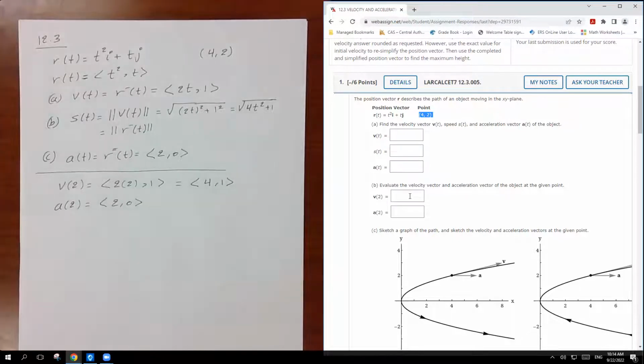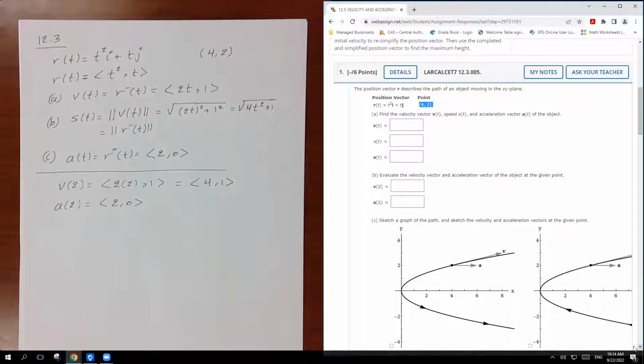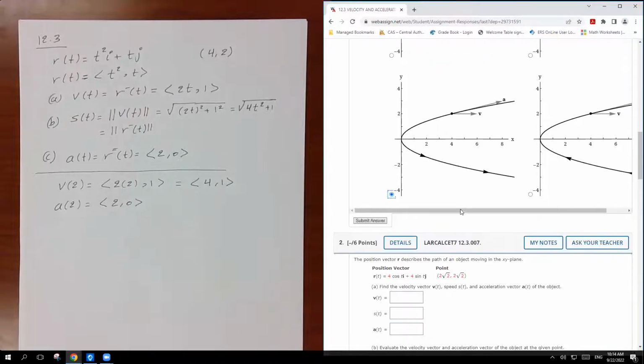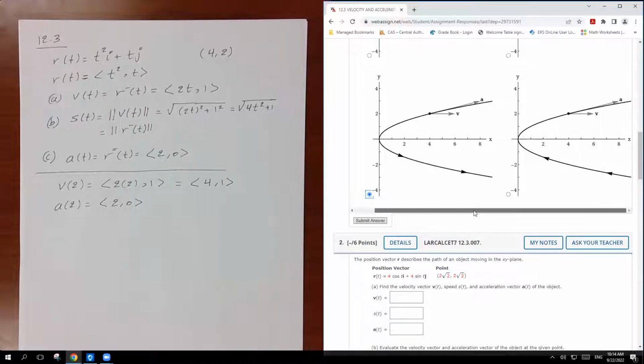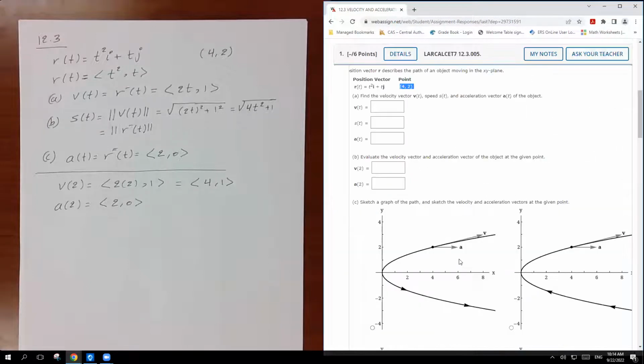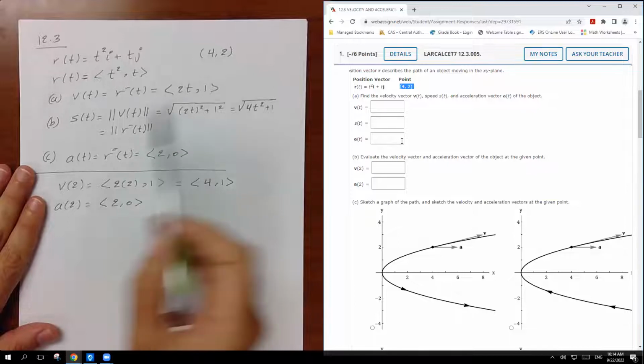Now we need to figure out which one is going to be the right option. The first thing, let's scroll down. First of all, we have to check our point.